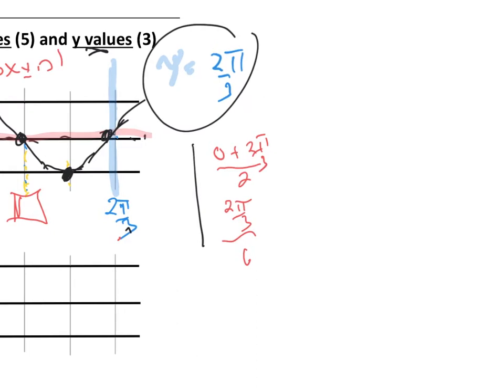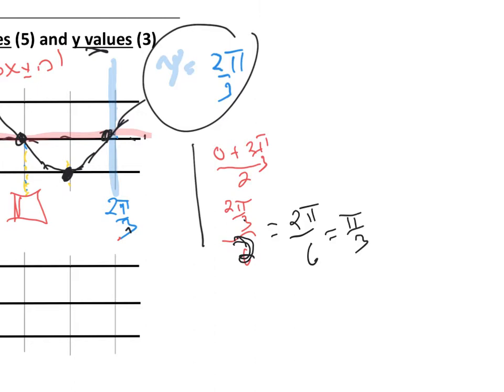Here's my magic. This is magic, guys. It's 2 pi over 2 times 3, 2 times 3 is 6.